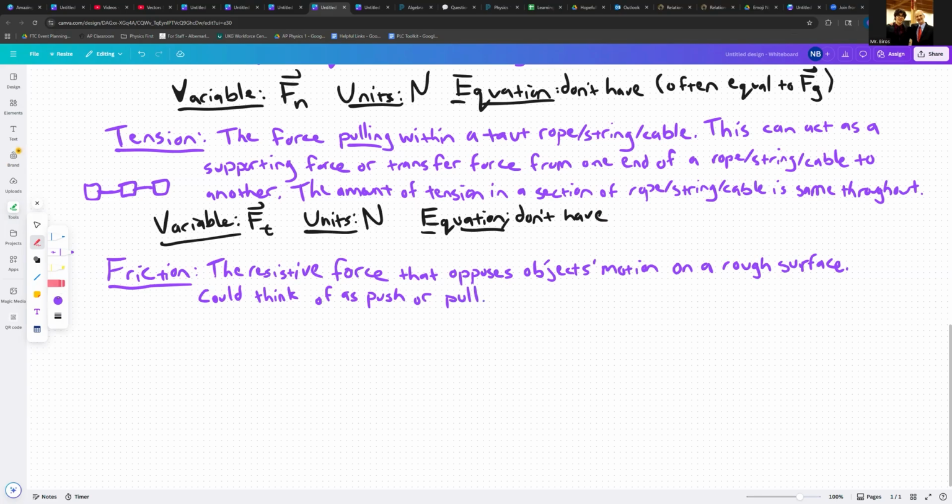So let me draw a quick example. I've got two objects, like here's a box sliding on the floor. So there's your surfaces. The floor could be carpet, the box could be cardboard, who knows what they're made of. If you zoom in really close, even the smoothest surfaces, like cardboard seems pretty smooth, but if you zoom in really close, there's some roughness and jagged edges to any surface.